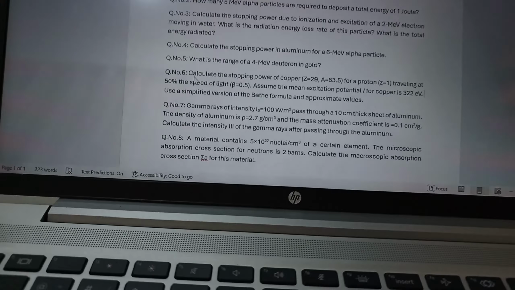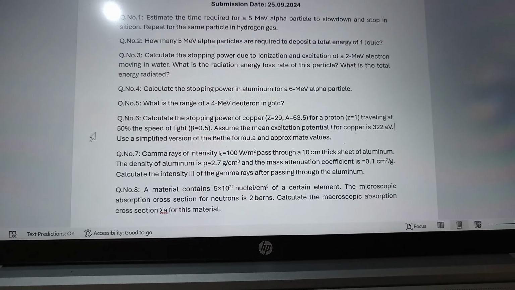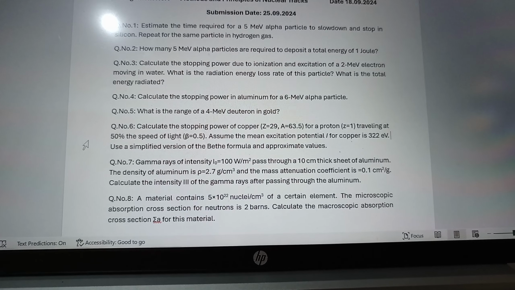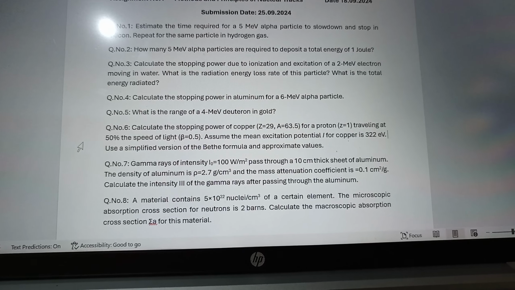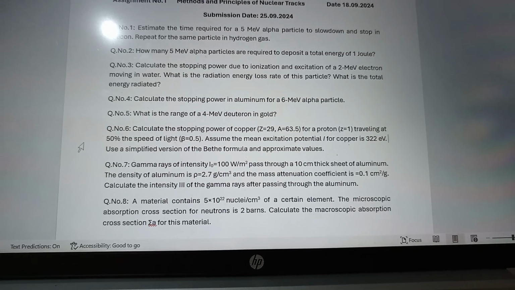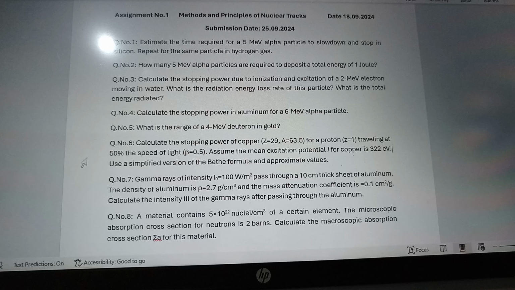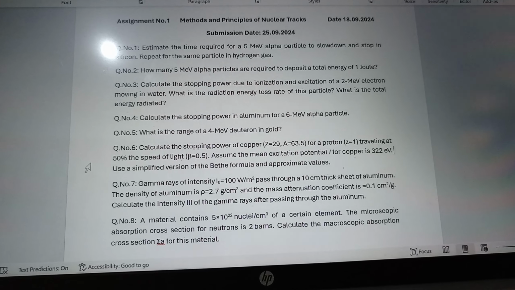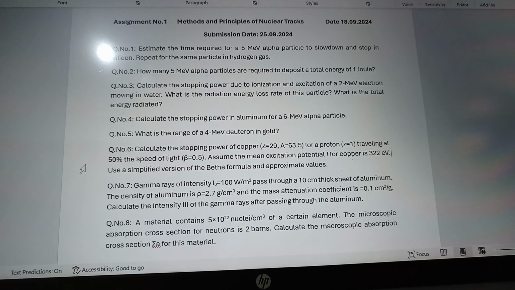Now our sixth problem: we have to calculate the stopping power of copper. The atomic number is 29 and the mass number is 63.5, for a proton having z equals 1, traveling at 50% of the speed of light, where the beta value is 0.5.